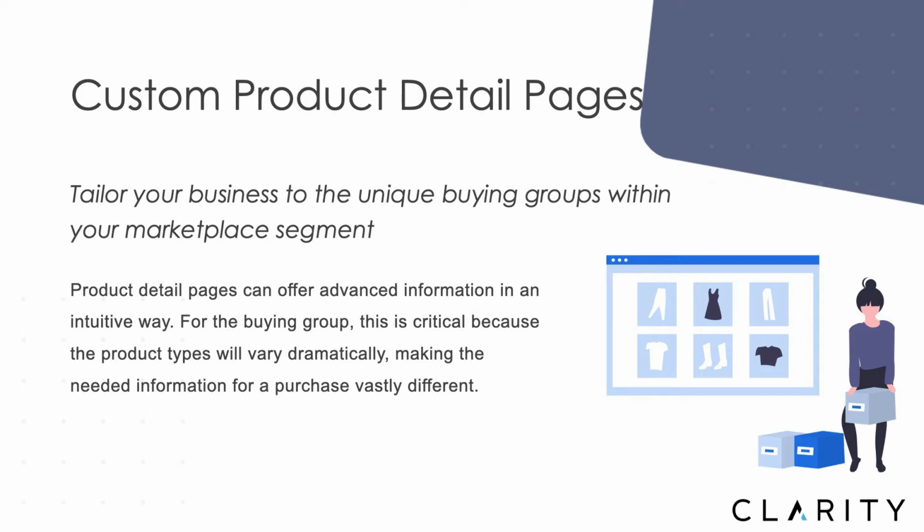There may be some communication that happens with some of our buying groups. There is a chat that's built in, so there can be a dynamic aspect to that. It may include showing lead times and a visual representation of filling up a container or some form of shipment, all on the product detail page.